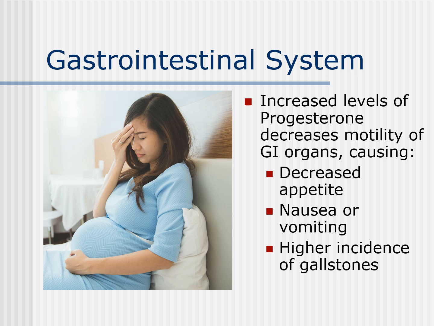Increased levels of progesterone can cause decreased motility of the organs of the GI system, and those can cause decreased appetite, nausea and vomiting, which are part of morning sickness, which perhaps you've heard about or experienced if you've been pregnant yourself, or higher incidence of gallstones.